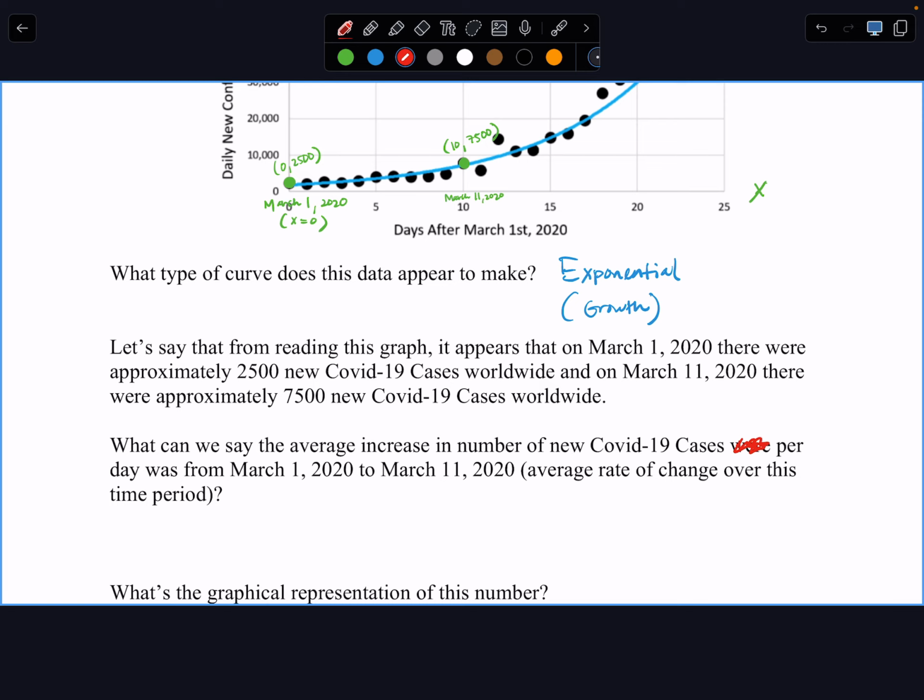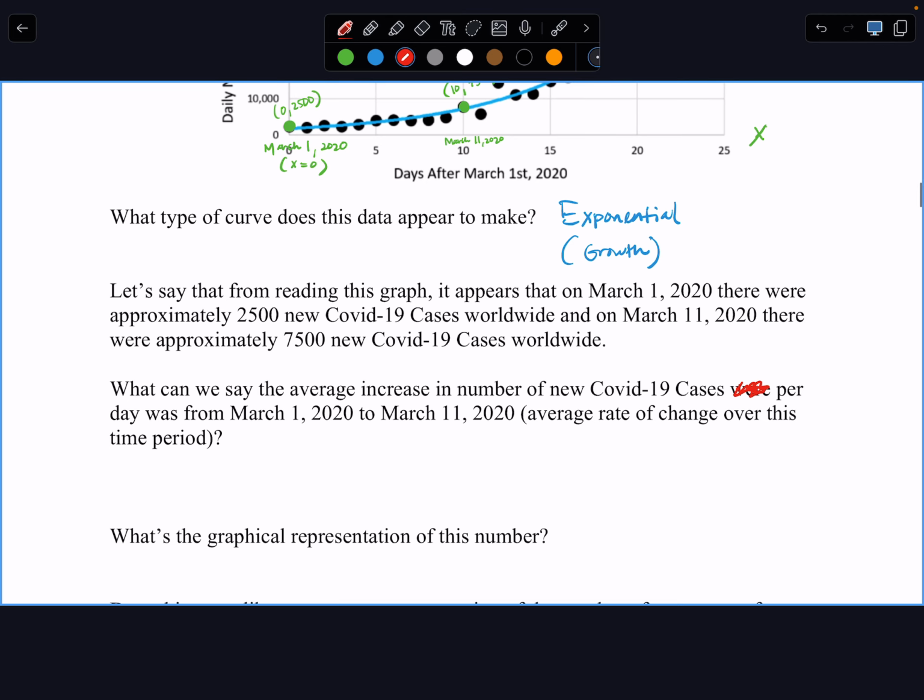Okay, so with your partner or your group, you guys can talk. And then go ahead and also talk about what's the graphical representation of this number. Yeah, I'm just doing 10 minus 0. That's 5,000. Okay, sounds good.